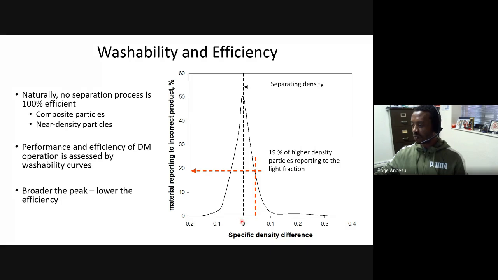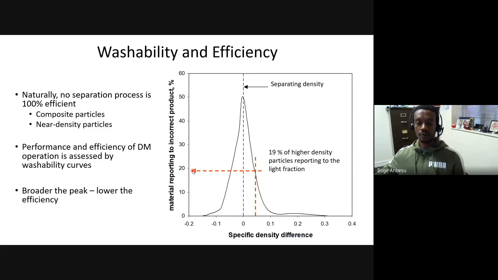So if this is 1.5, this is 1.55. So this should actually go to the sink according to my expectation, because it's denser than 1.5. But if you have a particle that is at 1.55, this curve actually shows that it has about 19% chance of going into the wrong portion.